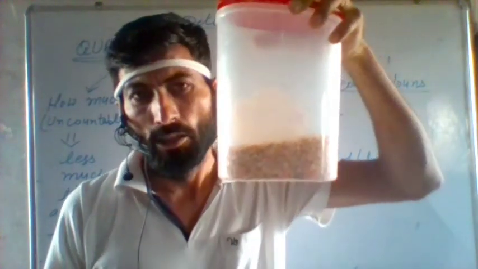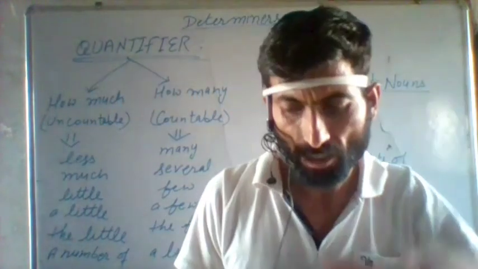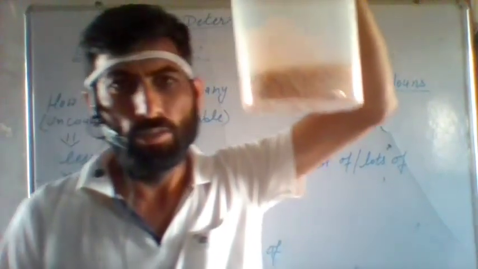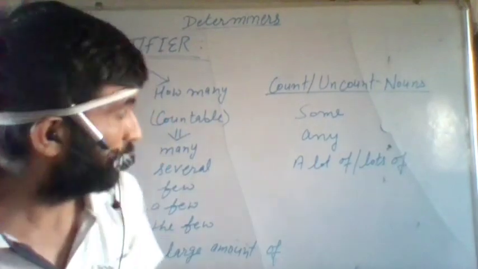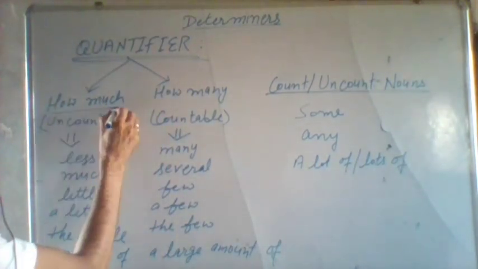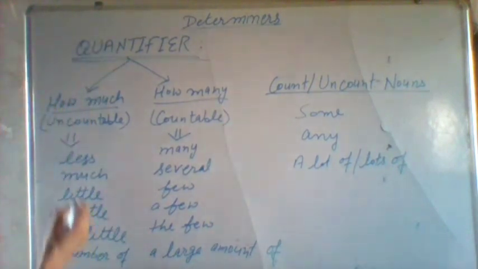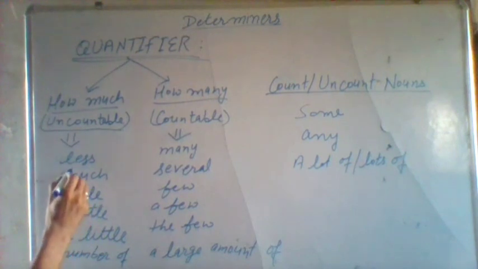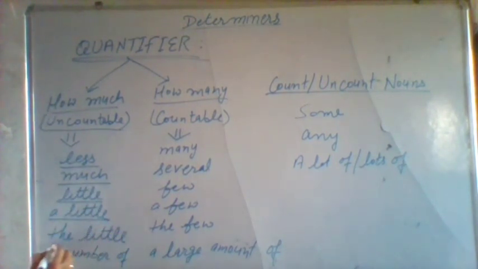You can't count them, right? So we measure them in kg, liters, etc. So this is an uncountable noun and this is a countable noun. Got it? Now students, how much is for uncountable, and how many is for countable. First, let me tell you the uncountable determiners: less, much, little, a little, the little, a number of.